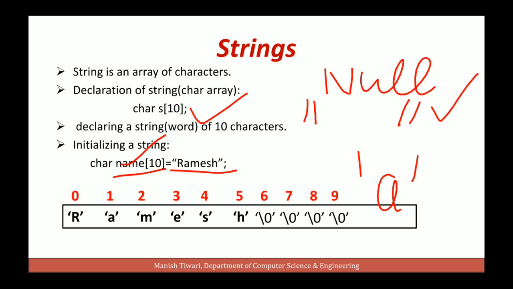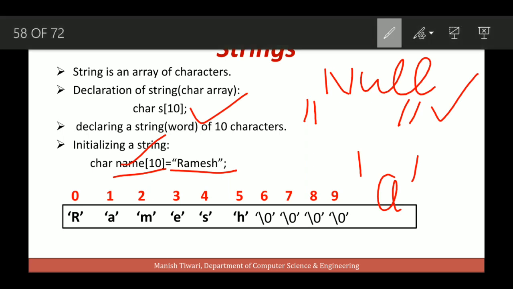So how will the compiler know how many characters are meaningful and how many are not? When it sees this null character, it comes to know that after this the characters are meaningless. So it will not print those characters. Whenever we print this string, only these meaningful characters will be printed.